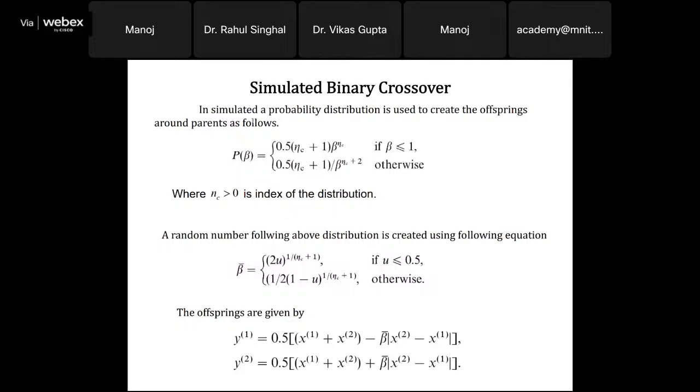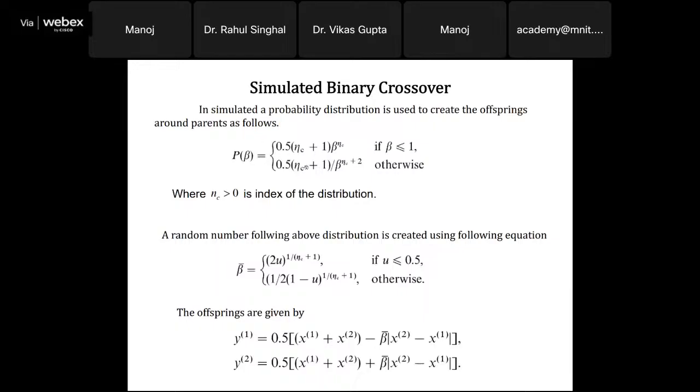One of the most popular algorithms in the real-coded genetic algorithm literature is the simulated binary crossover. The whole idea of binary encoding, which was in a kind of discrete domain, was upgraded with an approximation of the same in the continuous domain by defining this probability distribution.